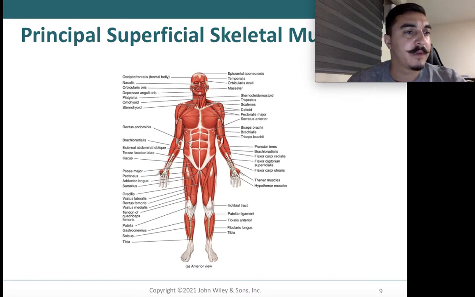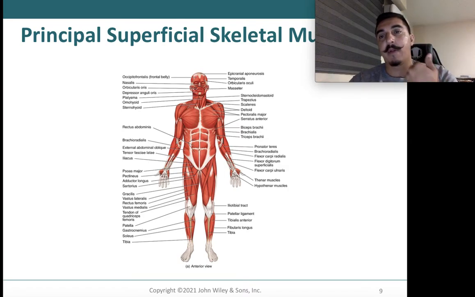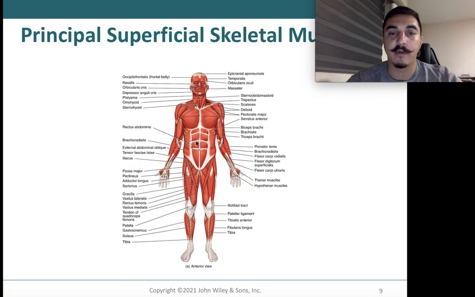It's table 11.2. Okay. So it's going to have examples of direction. For example, rectus means parallel to the midline. Okay, so like rectus abdominis or rectus femoris. So we have a rectus abdominis in the middle here with our abdomen. Okay, so every time you hear rectus, straight up parallel to the midline. Transverse, perpendicular.